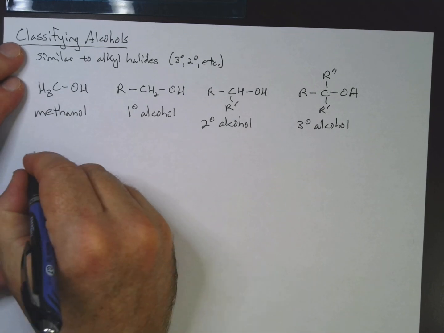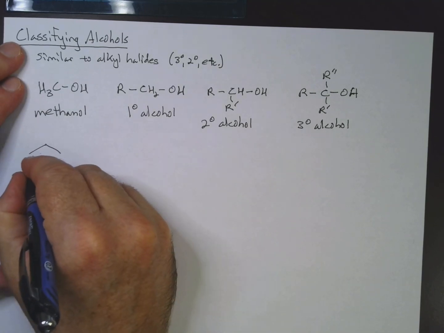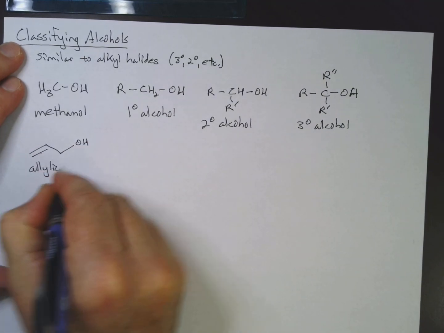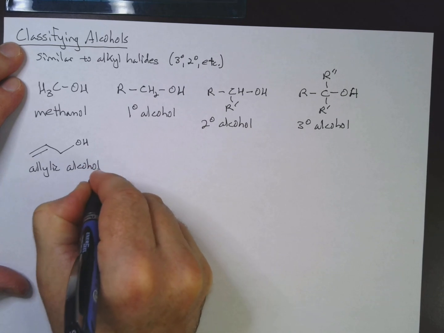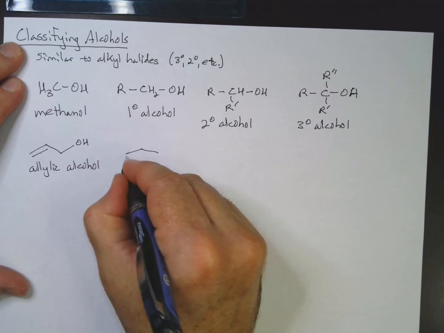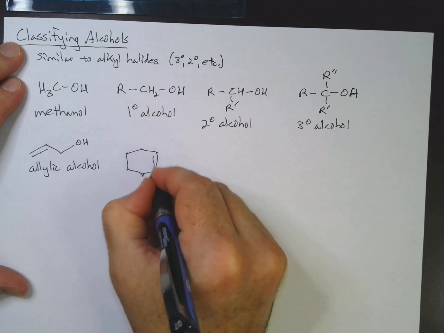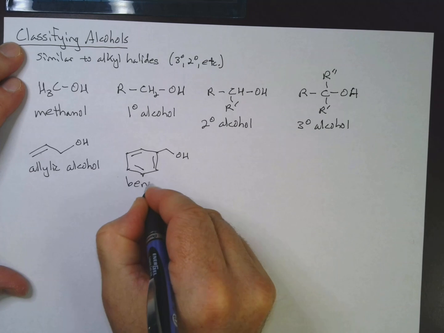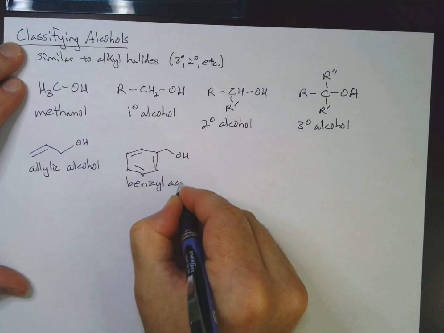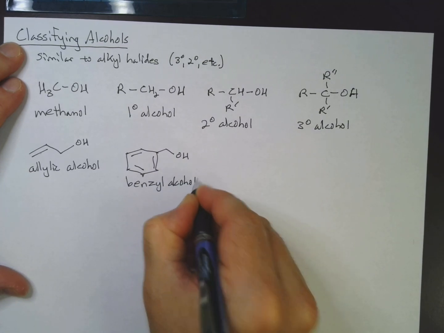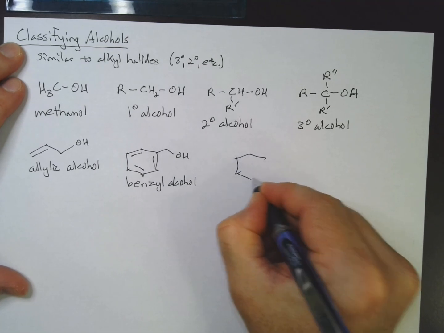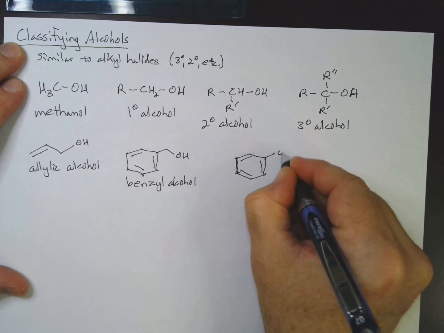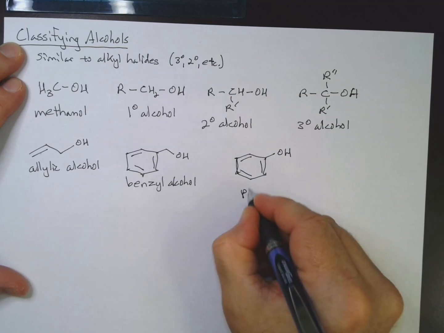If we have, we can have an allylic alcohol. We can have benzyl alcohol. And if I didn't mention this before, if our OH is right on the ring, we call that phenol.